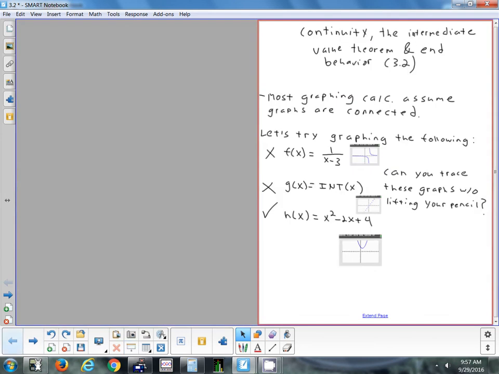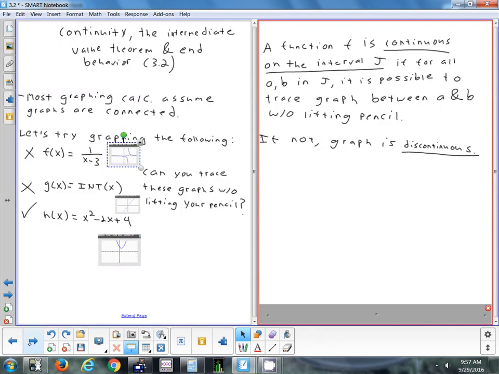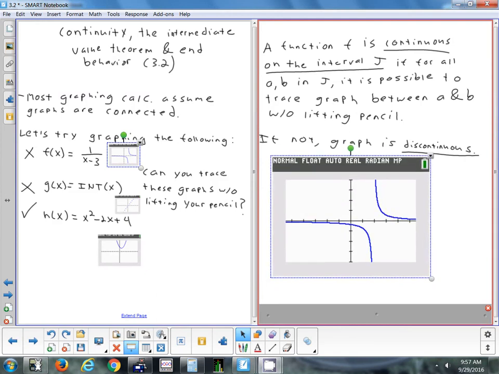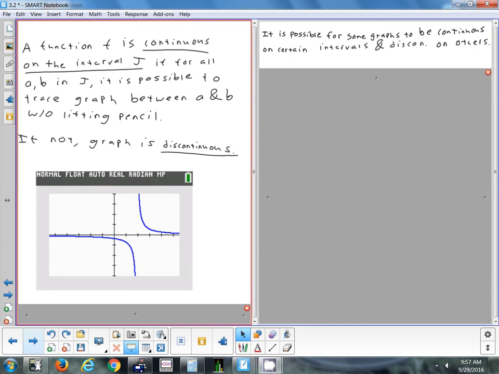For example, if I go back, let me just copy one of these pictures. Let me make it bigger. If you give me this picture, I can definitely name some intervals that it's continuous over. I can pick various intervals and be able to trace from one point to another without lifting my pencil.